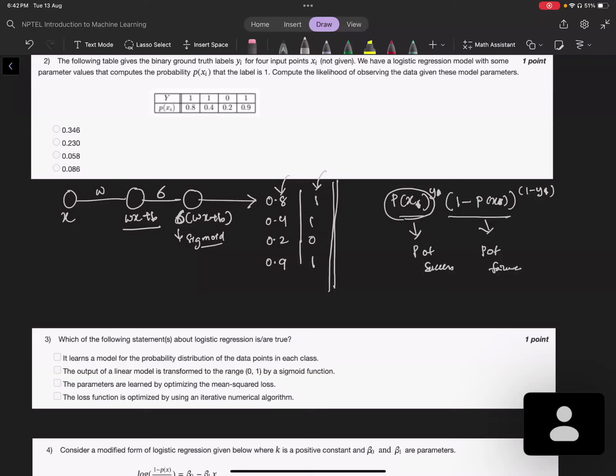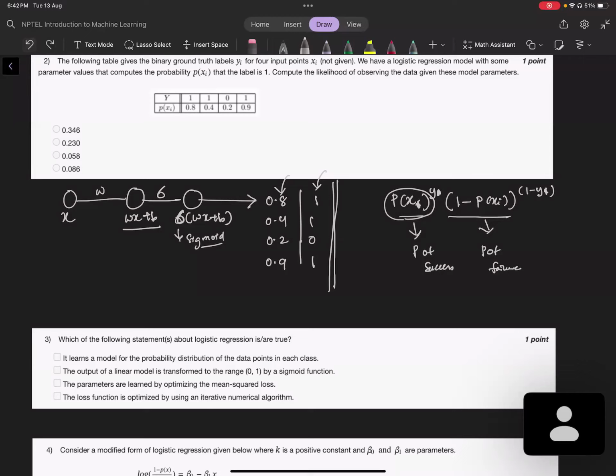It's like if you are tossing a coin 4 times, what is the probability that 2 times it will be head? So probability of head squared, and probability of tail to the power of the rest.